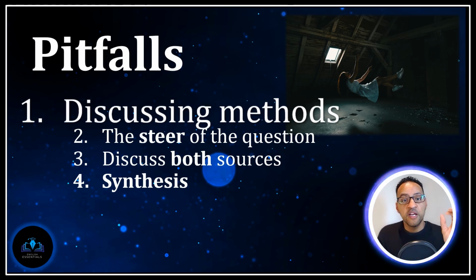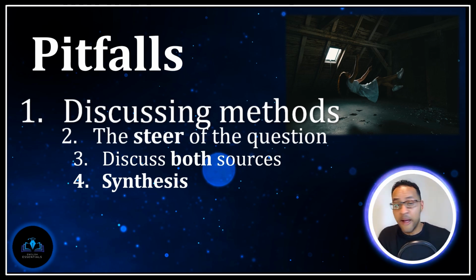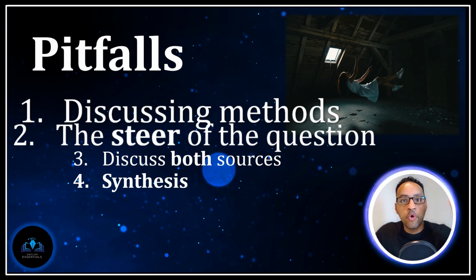Number 2, the steer of the question. AQA want you to be very, very specific. If it asks you about the campsites, talk about the campsites only. Don't talk about the experience of the campers. Don't talk about the journey to the campsite. Talk about the campsite itself. Respond to the steer of the question.